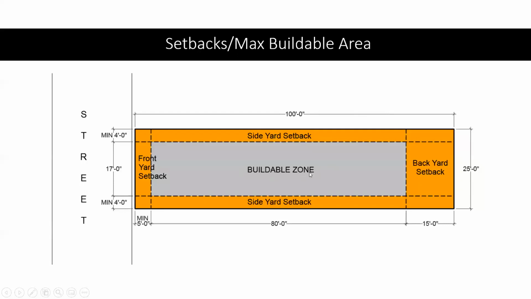Usually when you're looking at an R4 property, that will be taking into account these setbacks here. And then the envelope will be calculated based on this buildable area calculation.